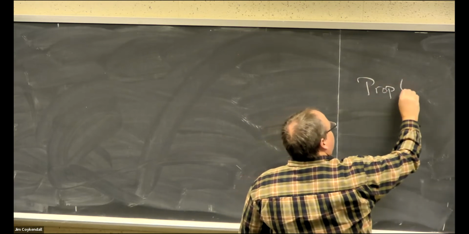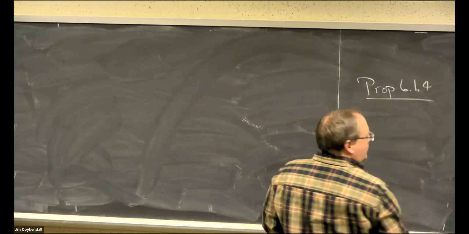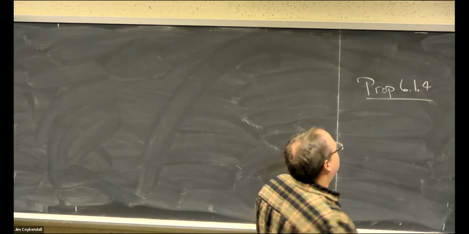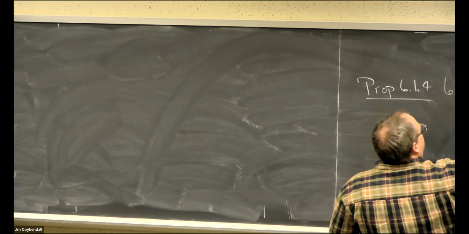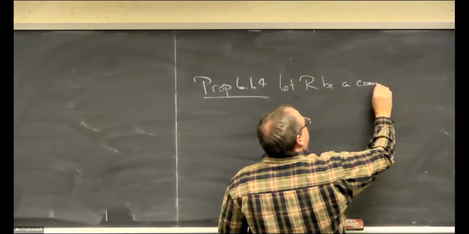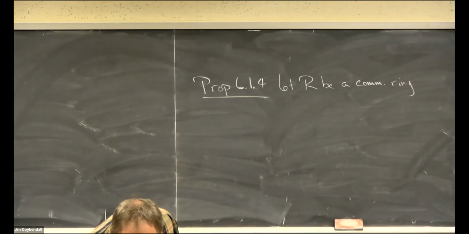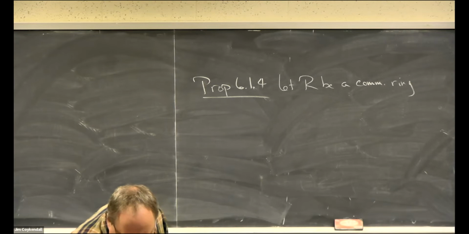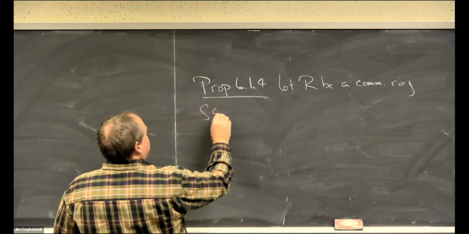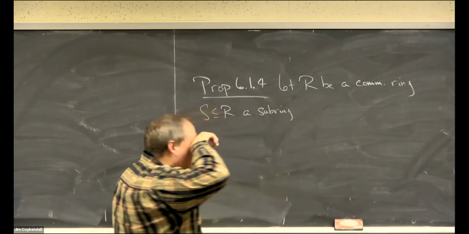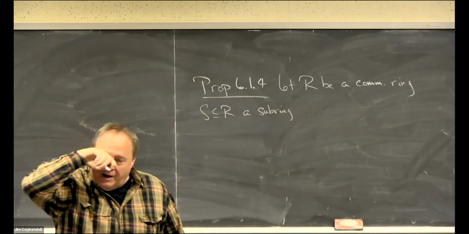All right, so let's pick up where we left off. Let R be a commutative ring, S a subring, and I an ideal. And remember, subring now has this kind of loosened definition.